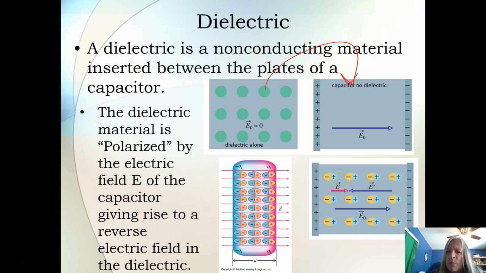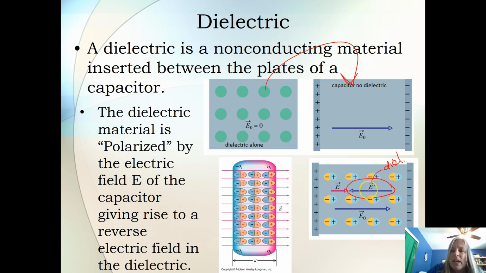So here is a little picture of that. Here is my dielectric in here. And so the negative side is towards the positive plate, right? And remember that electric field lines point from positive to negative. Because of that, I get this electric field due to the dielectric that points in the other direction compared to my original one.